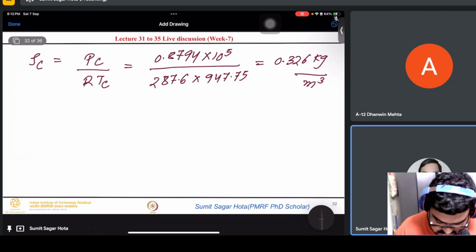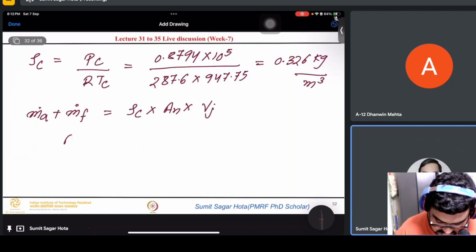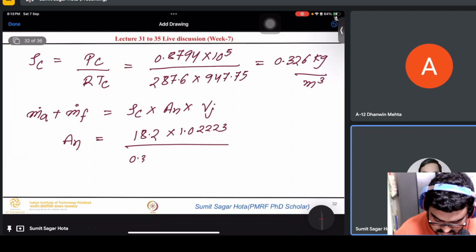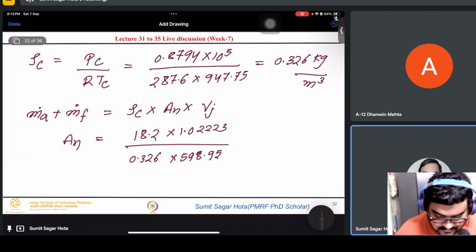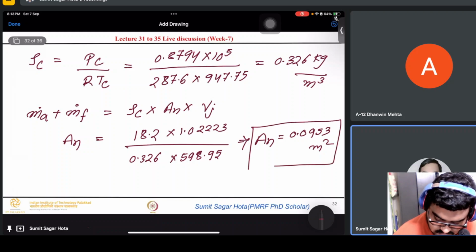m dot a plus m dot f is rho c into An into V jet.